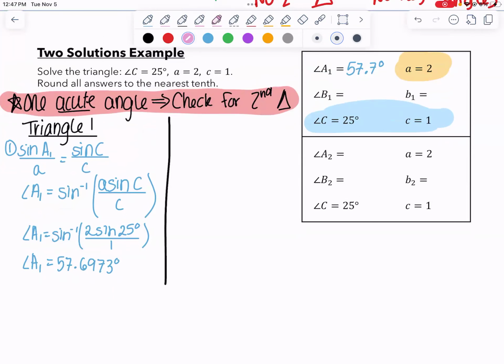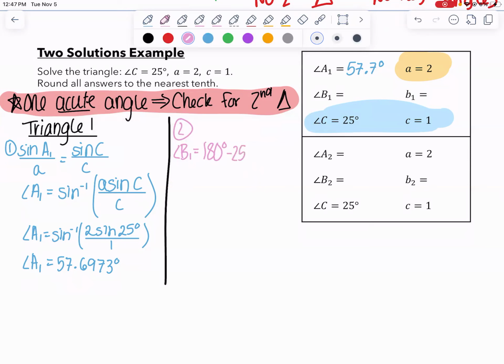Next, we're going to solve for that missing angle. There's only one angle left. So angle B1 is going to be equal to 180 degrees minus the other 2 angles in this triangle. Maybe I'll move it down here so there's space.